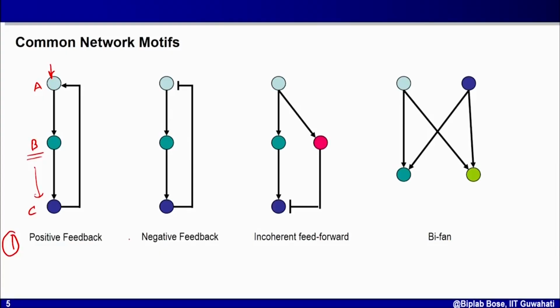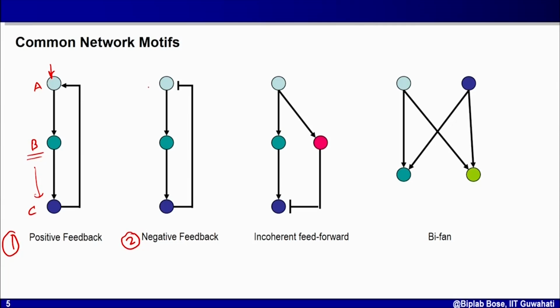Let us look at the second very common network motif in molecular processes, negative feedback. Just like positive feedback, it is the same thing where a feedback is there, but only the sign is changed. So what is happening? Maybe the first one is X, which is a transcription factor, which induces production of Y, suppose.